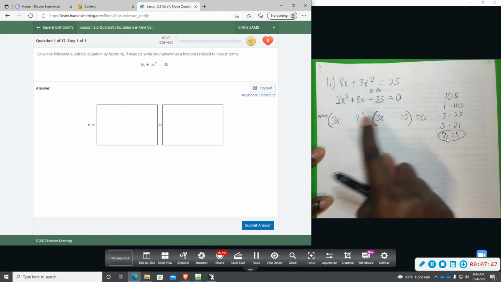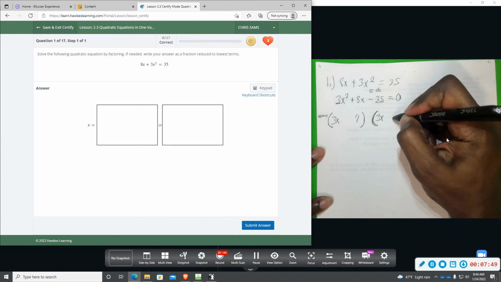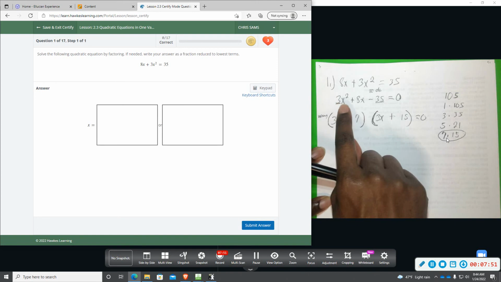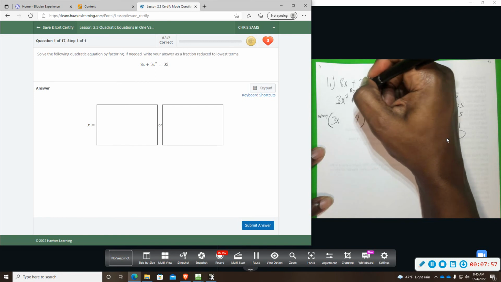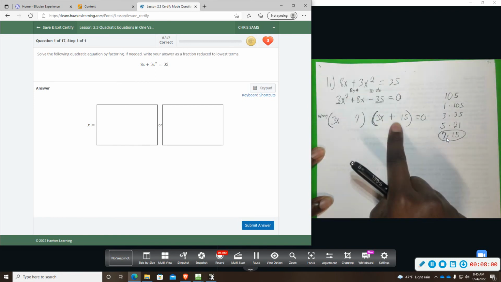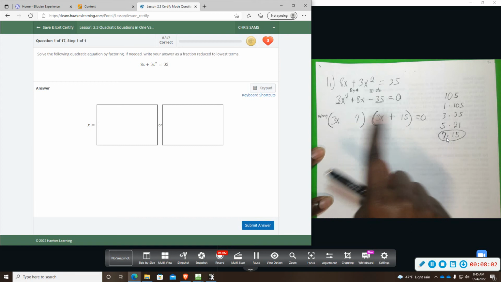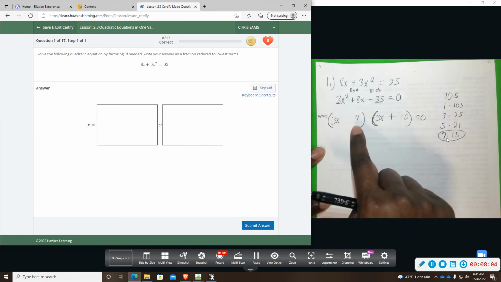Out of 7 and 15, 15 is larger, so it's going to get a positive. I'm going to say big number gets the first sign, whichever one's bigger. If they're the same, either one of them, it doesn't matter, because sometimes you might get the same number, like it could have been 7 and 7.